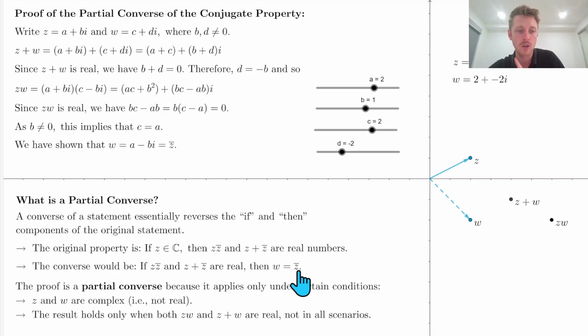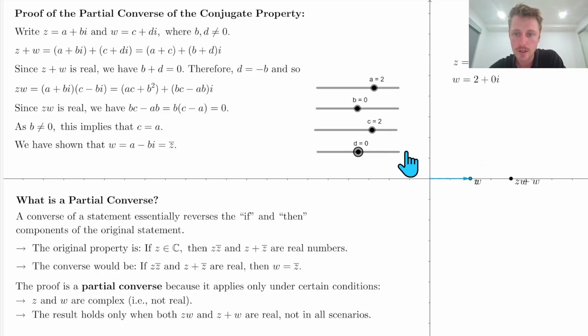But that is not always true, because if we were to set the imaginary components of the complex numbers to 0, we can see that if z and w are real, entirely real, no imaginary component, then w is not the complex conjugate of z in this instance, but z plus w and zw are only real.